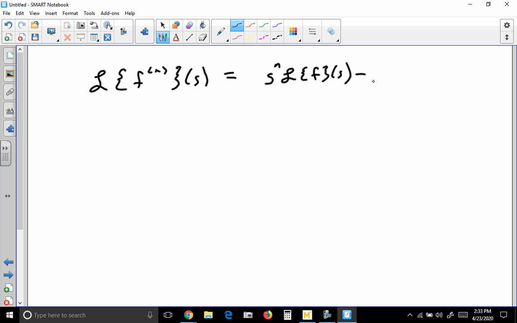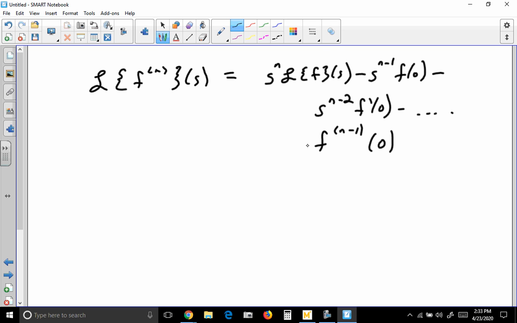So then it's minus s to the 1 less power times f of 0, minus s to the 2 less power times f prime of 0, minus, that keeps on going until we get f to the n minus 1 of 0.